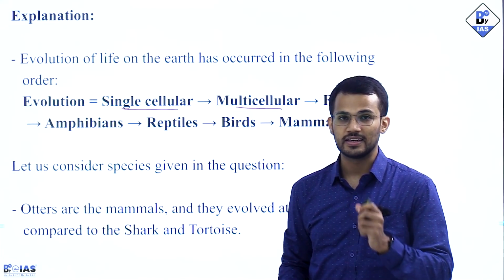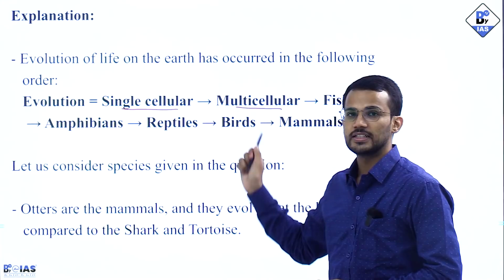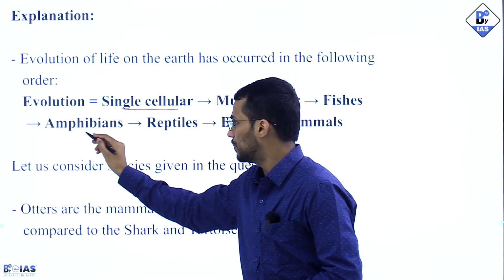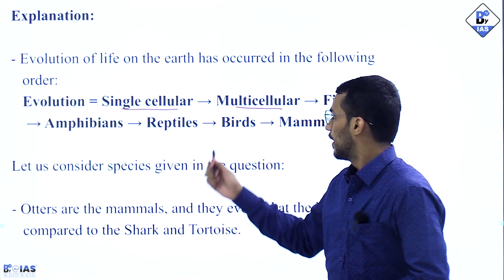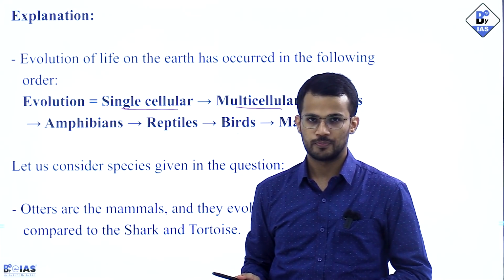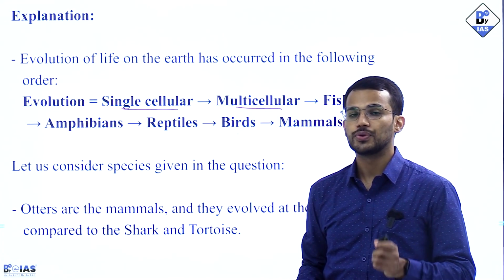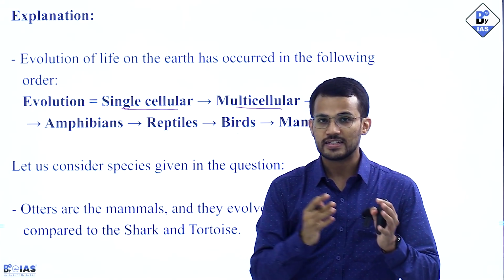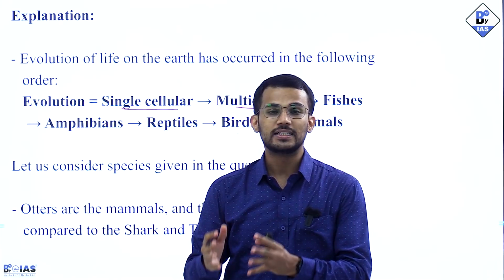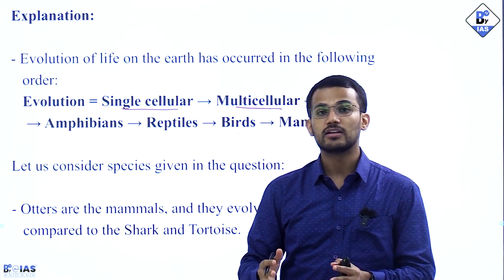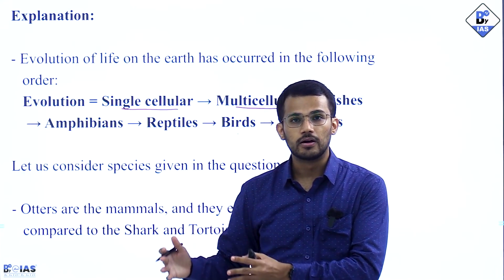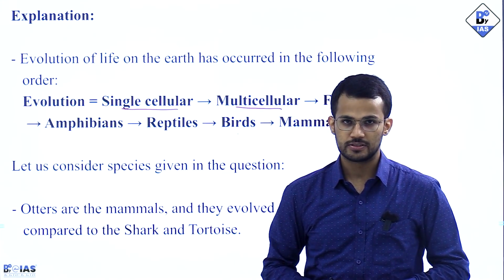Then fishes, then amphibians, then reptiles, birds, and finally mammals have evolved. So the order of evolution is: single cell living organisms, multicellular living organisms, fishes, amphibians, reptiles, birds, and finally mammals.